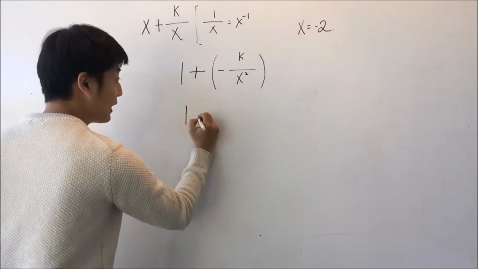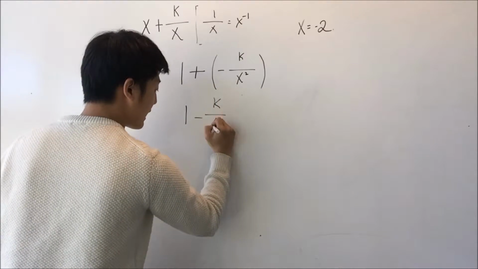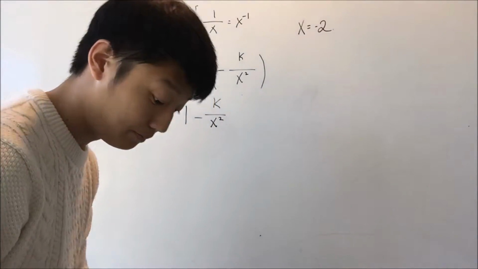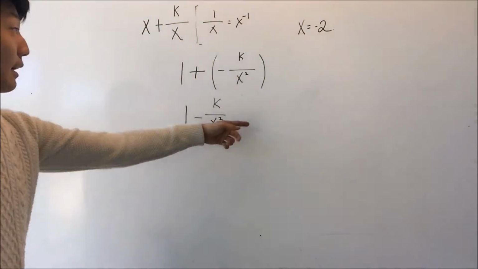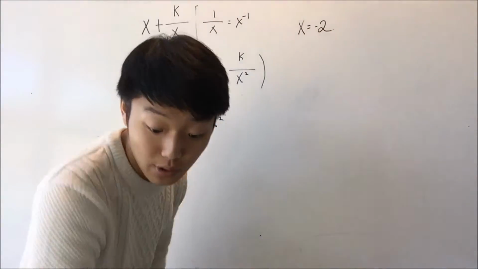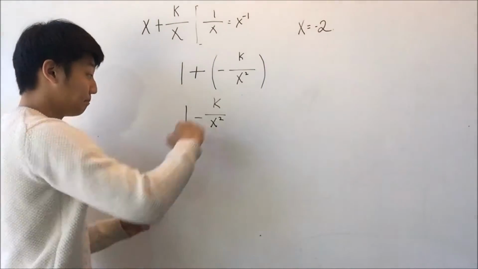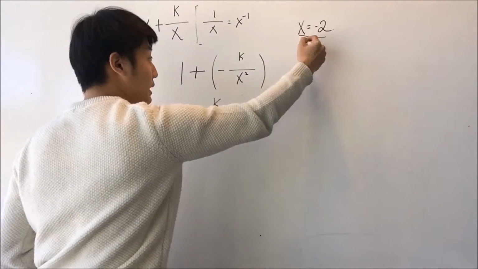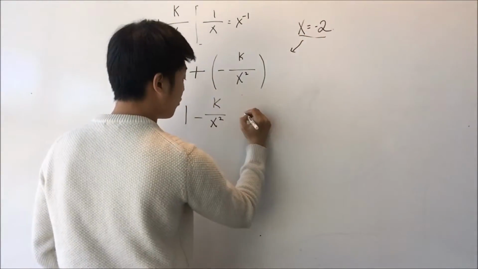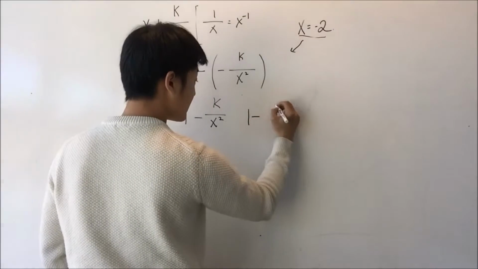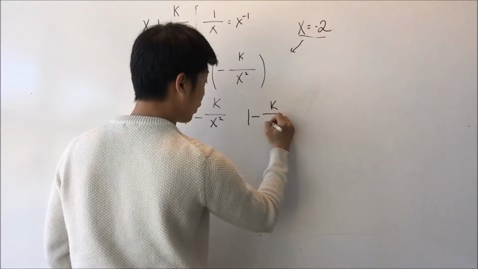Now, because x is -2, it's given, we can just plug this number in there. So it will be 1 minus k over 4.